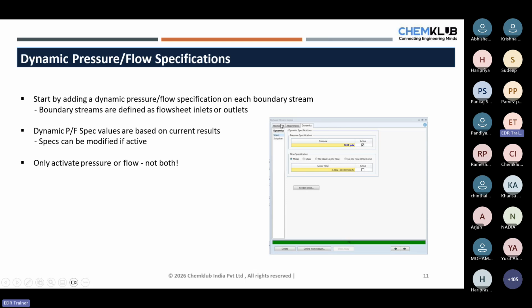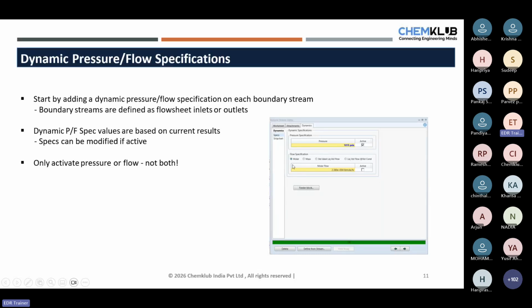If you have done HYSYS in steady state, you are aware of this worksheet and attachment. So we will see that for dynamic also now in this particular session. Add a dynamic pressure or a flow specification on each battery limit. So you have been given two options, whether you want to specify a pressure or you want to specify a flow.